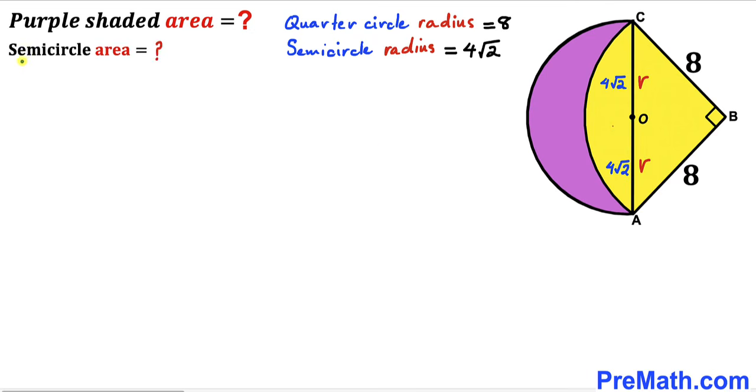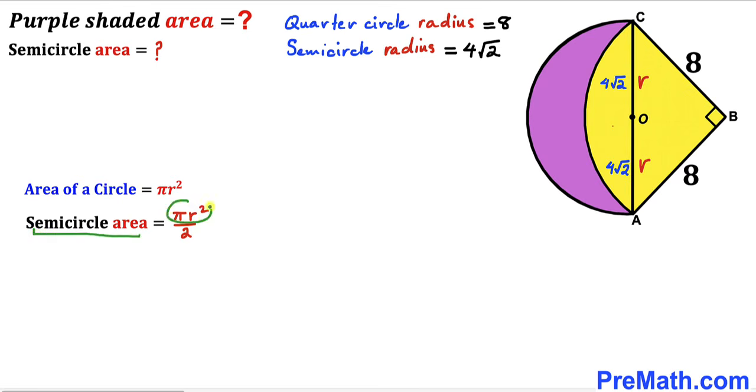Now we are going to calculate the area of the semicircle. Let's recall the area of a circle formula: area equals pi r square, where r is the radius of this semicircle. So the semicircle area is going to be pi r square divided by 2. In our case, the semicircle radius is 4 times square root of 2.